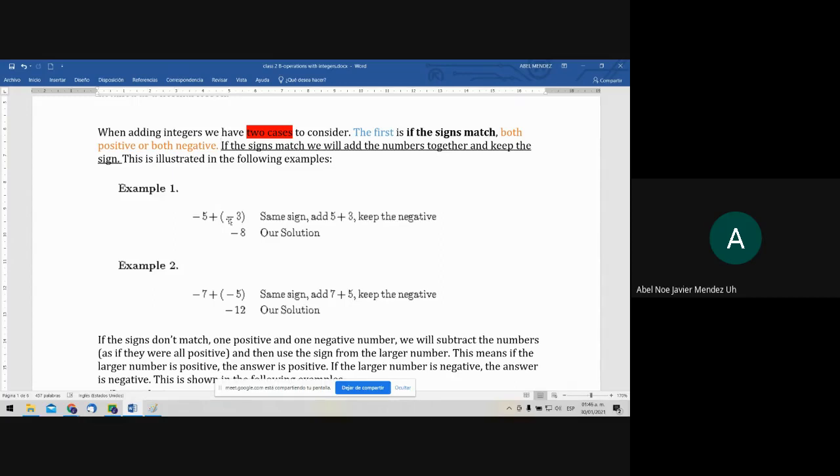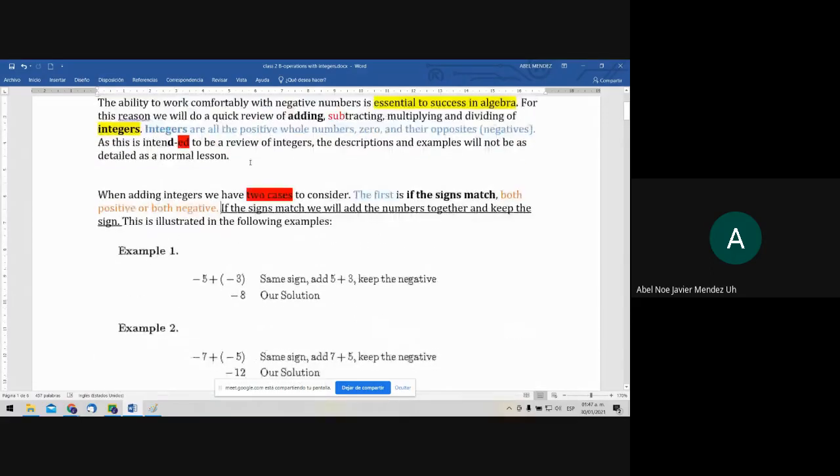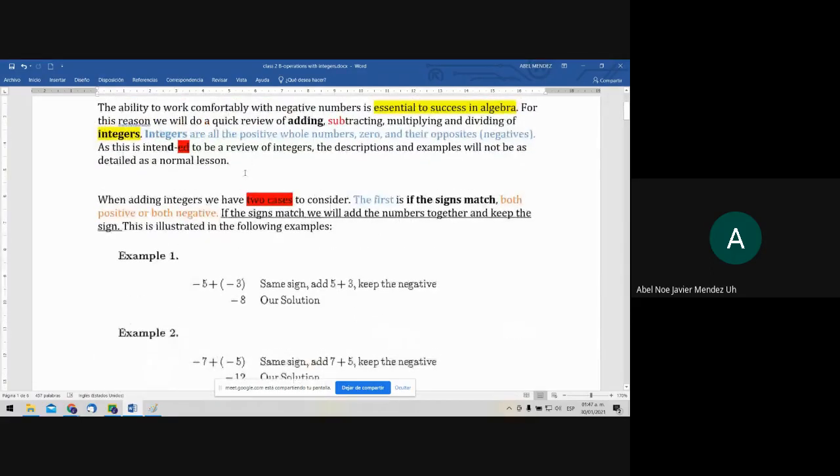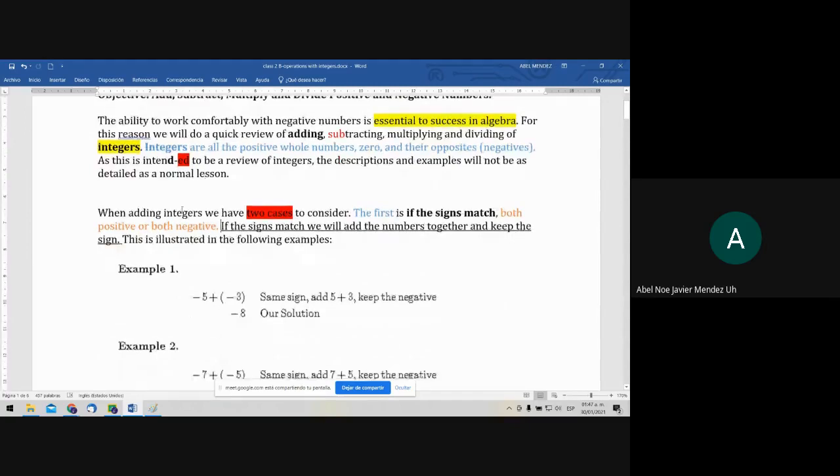Don't confuse it with a multiplication. That's important. This is the objective, that we are making a quick review of adding, subtracting, multiplying, and dividing, using negative numbers and parentheses.